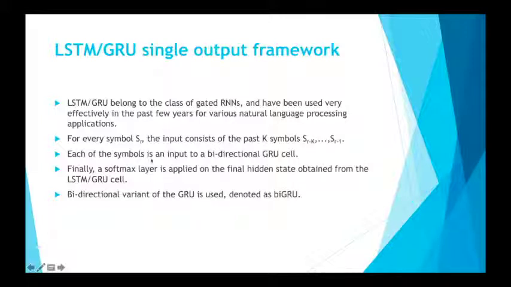Each of the symbols is an input to a bidirectional GRU cell. Finally, a softmax layer is applied on the final hidden state obtained from the LSTM or GRU cell to turn the output into a probability distribution. A bidirectional variant of the GRU is used, which is denoted as bi-GRU.